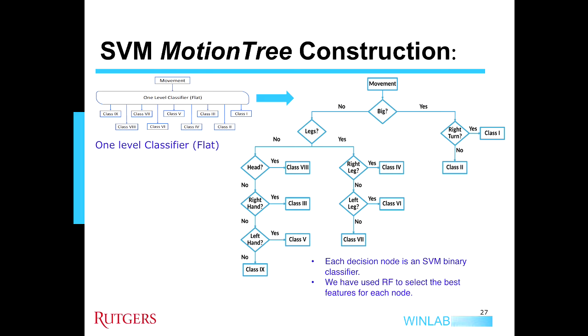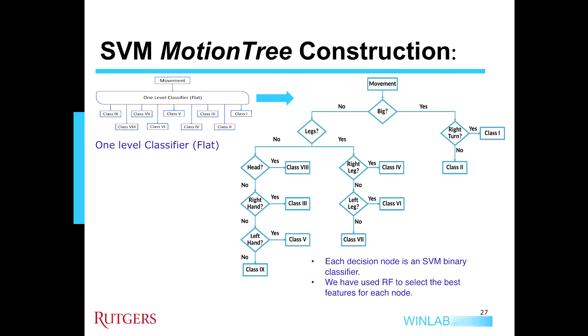For the small family, we start from the idea of classifying the lower half motion from the upper half. So we are asking the data, do you belong to the lower half or to the upper half? We start with legs. Does this movement include legs? If yes, then we go to the legs family, or the lower half family.